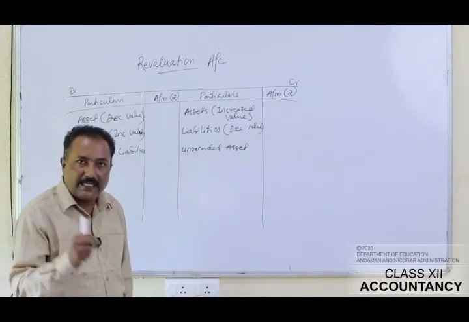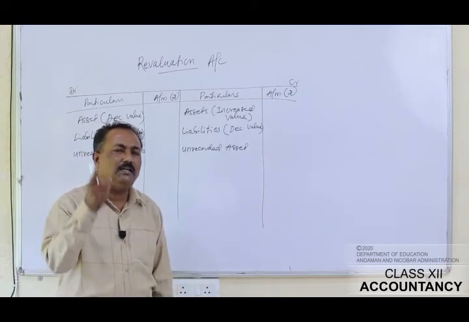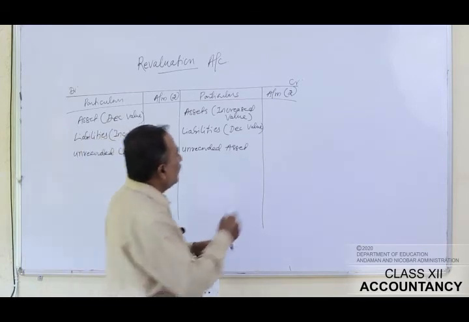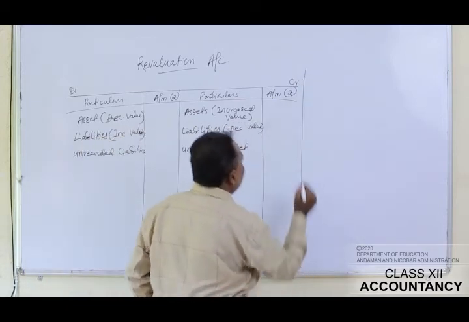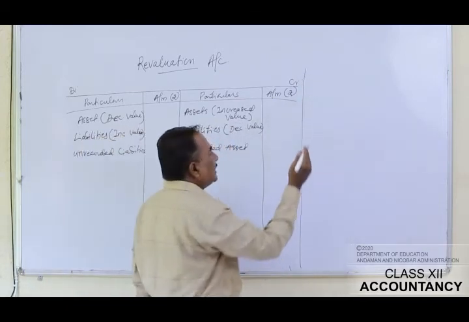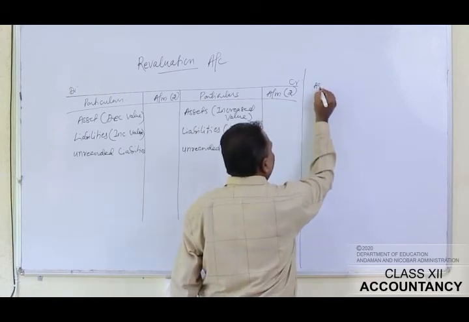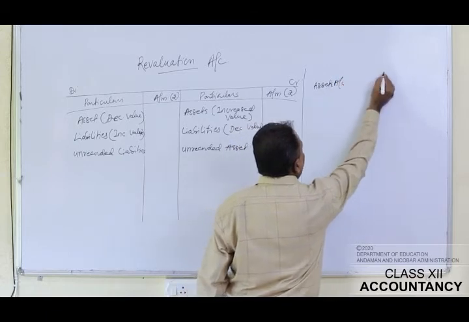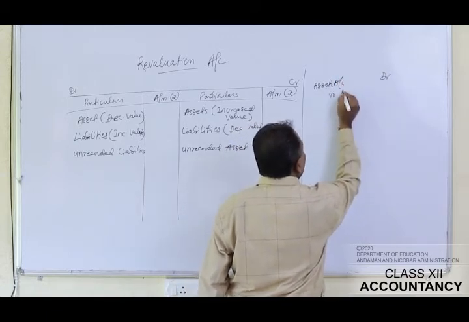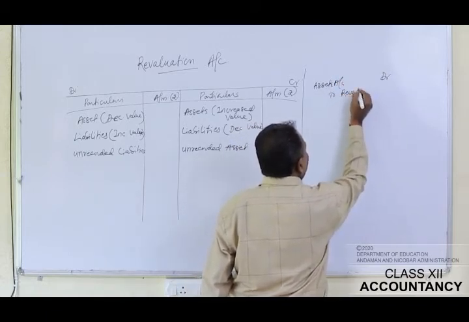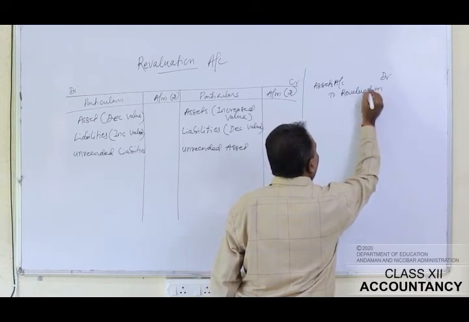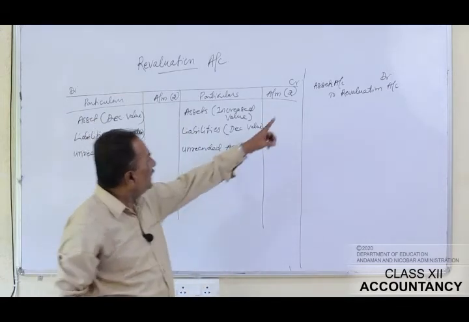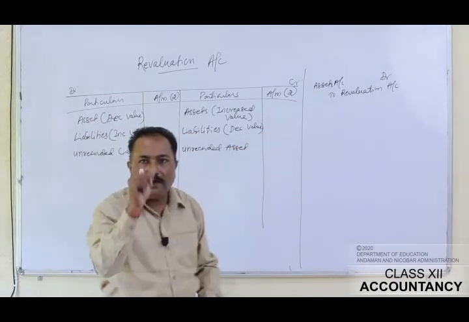Whenever the value of assets increases, what journal entry will be passed? At that moment the journal entry will be assets account debit to revaluation account. Here I have written assets account, but you have to write it by name.